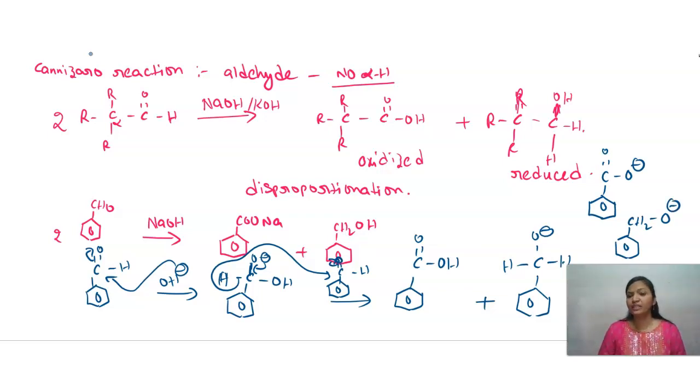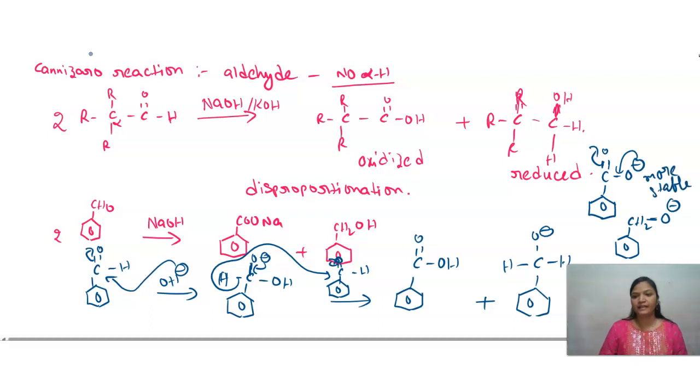Among these two, which one is more stable? The benzoate ion is more stable here because a resonance mechanism is present here, but here it is not possible. So the benzylate ion is less stable.